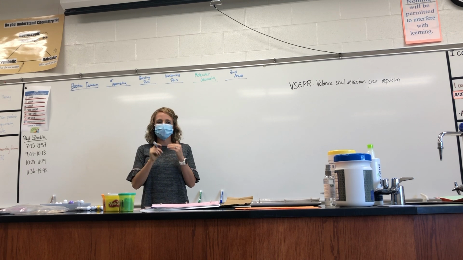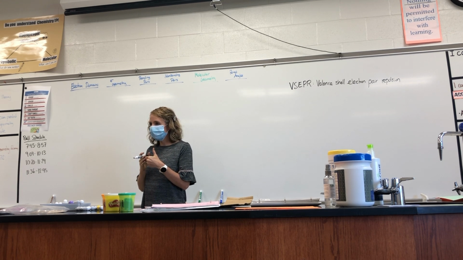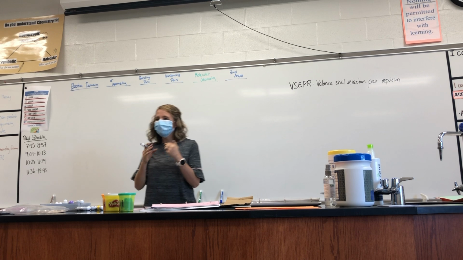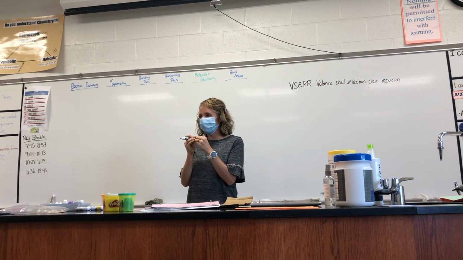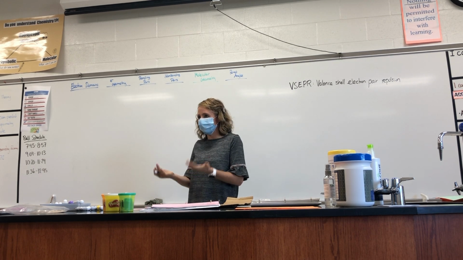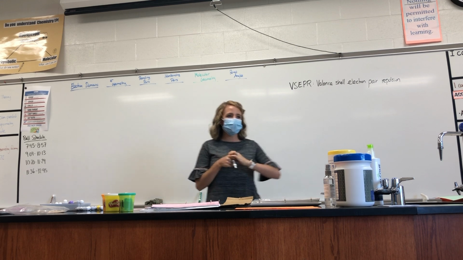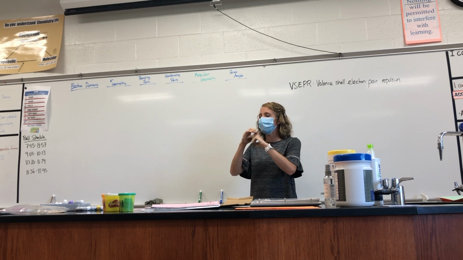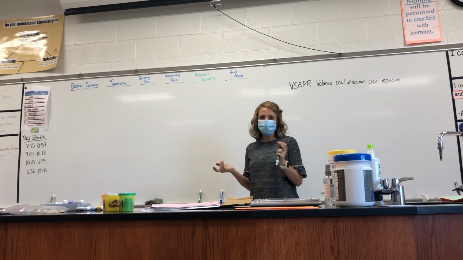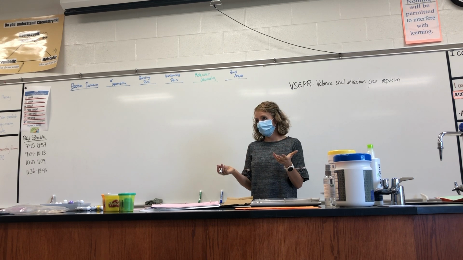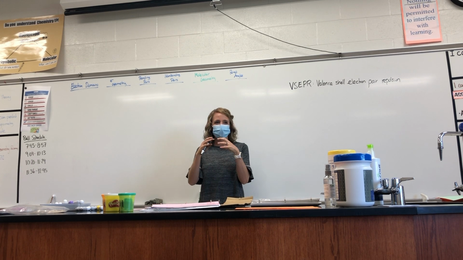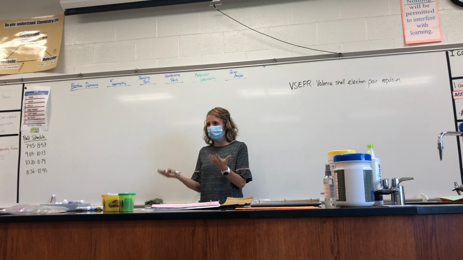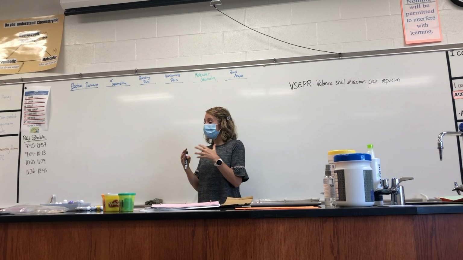When atoms bond with one another, the electrons in the bonds repel one another because they're all negatively charged. So we get this weird relationship of where they're connected, but they want to be apart. It's kind of maybe like how you feel about your family. You're connected to your family, but sometimes you want to be as far away from them as you can. That's how these shapes form.